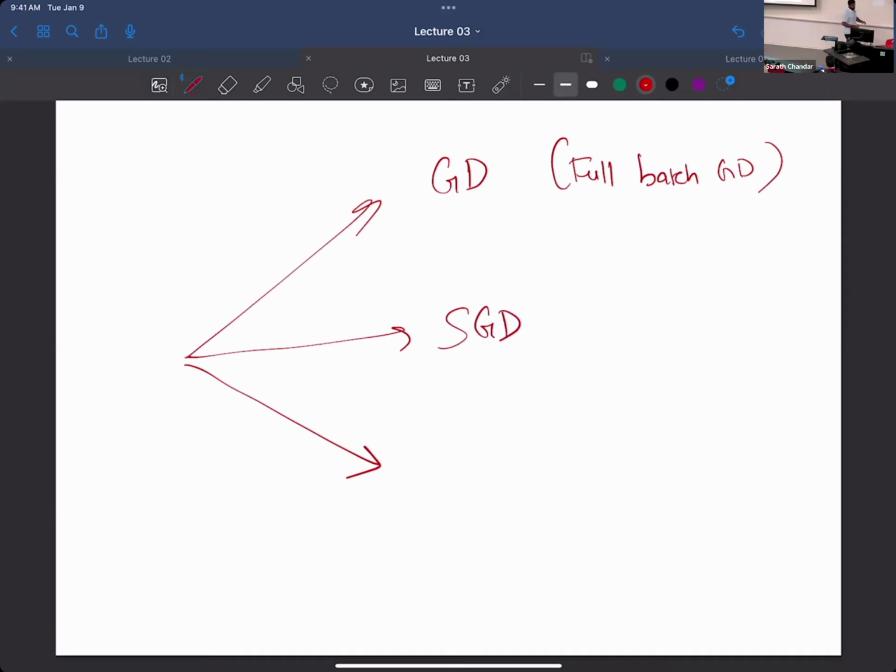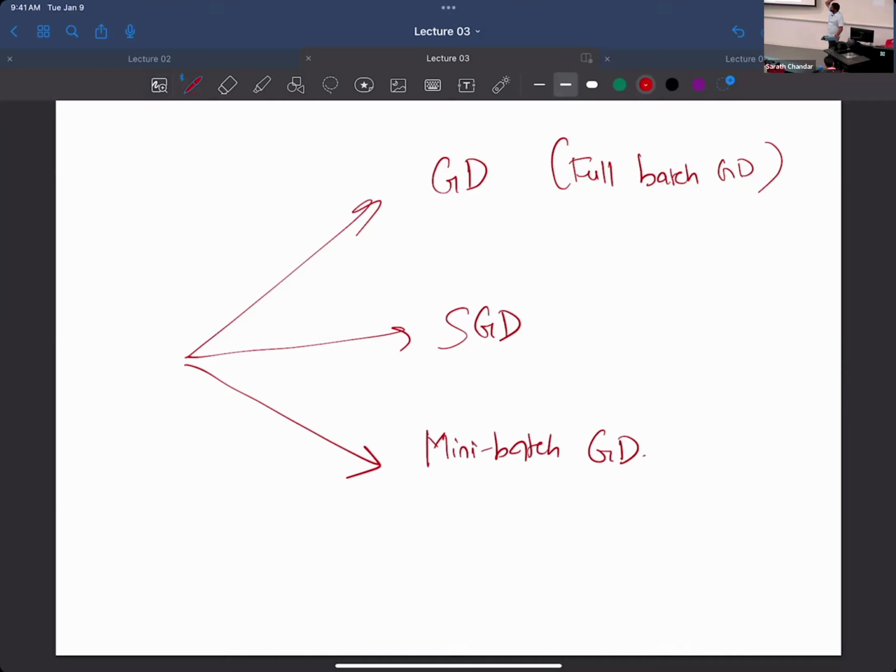Then we have mini batch gradient descent. Typically when people say they use gradient descent by today's standards, it is almost always mini batch gradient descent.